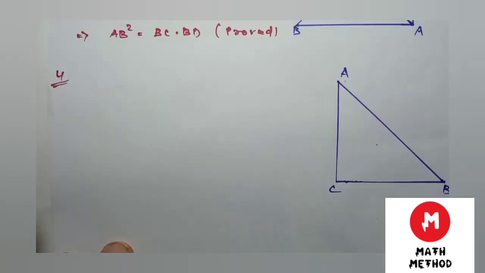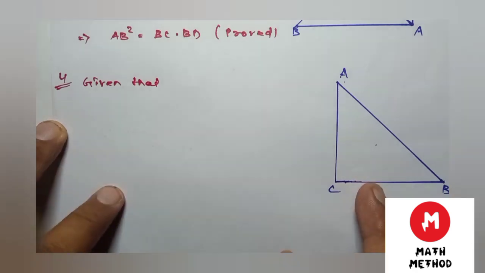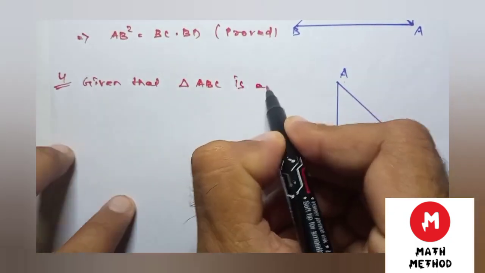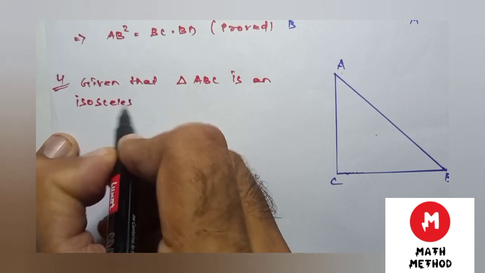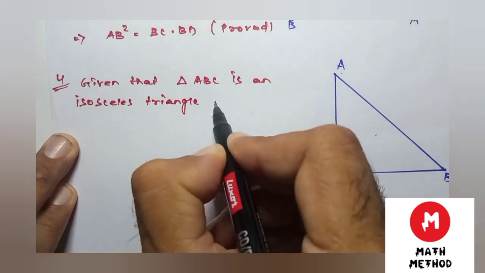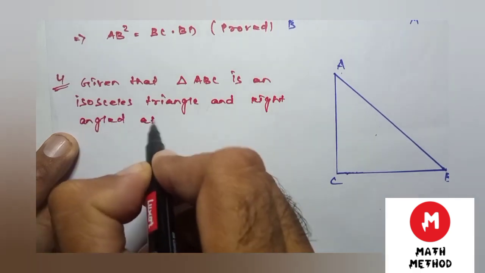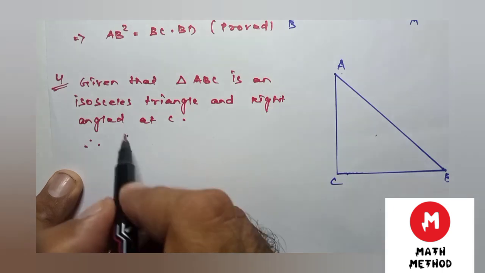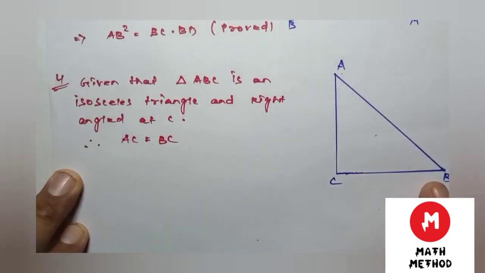Now solve it. So it is given that triangle ABC is an isosceles triangle and right angle at C. So here angle C is 90 degrees, and therefore here AC is equal to BC, because the hypotenuse cannot be equal to any side of the triangle.